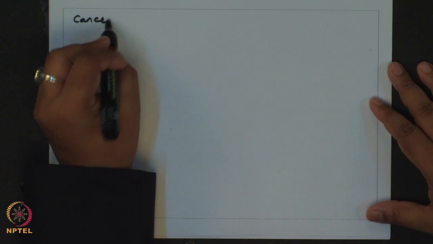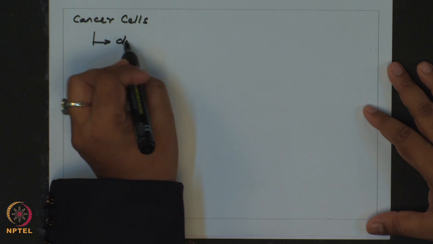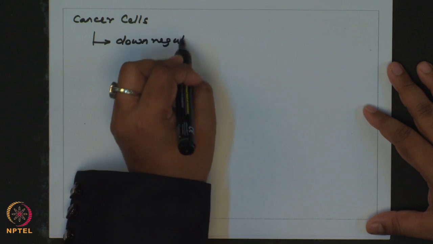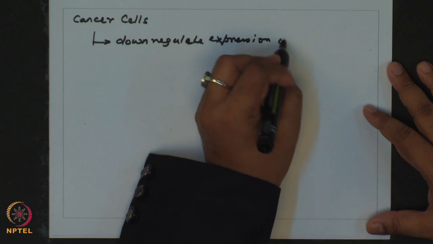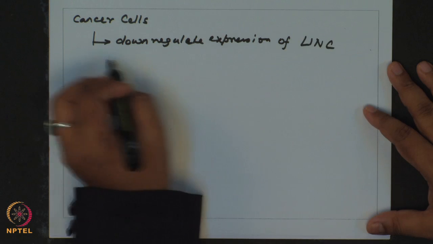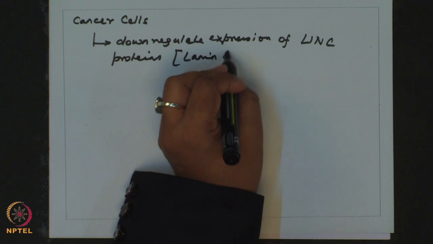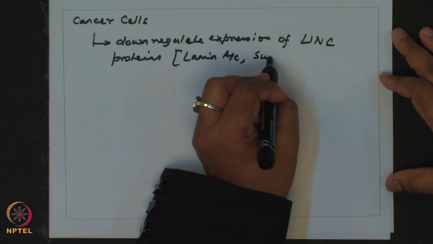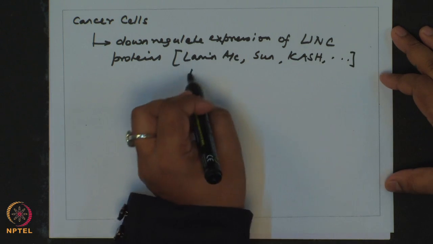So, the question is, how will cancer cells migrate? What has been observed is that cancer cells down regulate expression of link proteins, including lamin AC, SUN proteins, KASH proteins, nesprins, and so on.